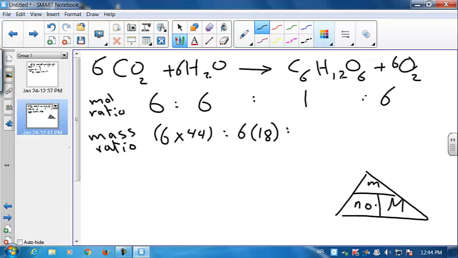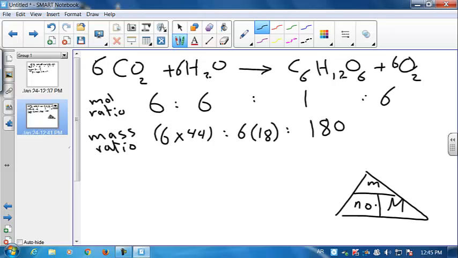Again, 12 times 6, make it with me. 12 times 6, this is 72, plus 1 times 12, so 12, add 12, plus 16 times 6, so add 96. So what is the total? You do it with me. It's approximately 180 gram per mole.